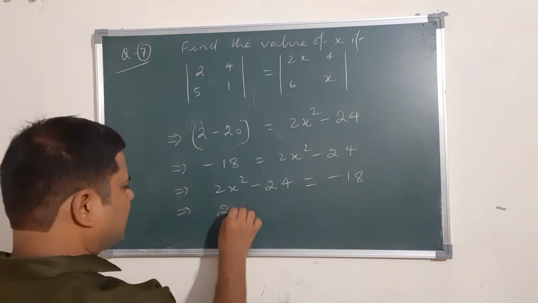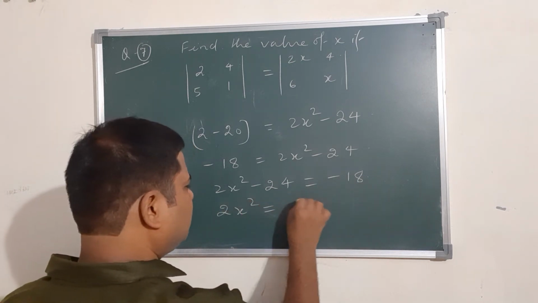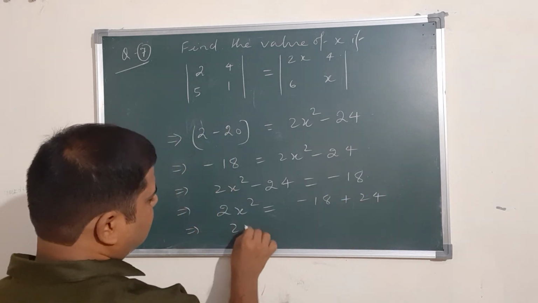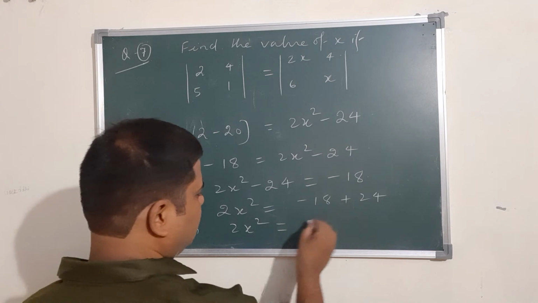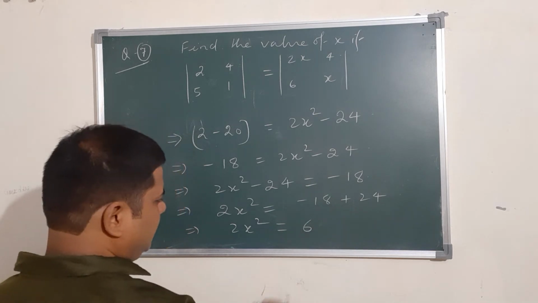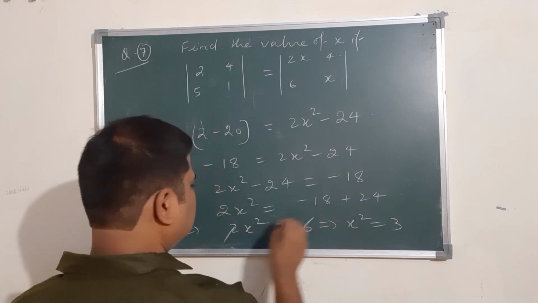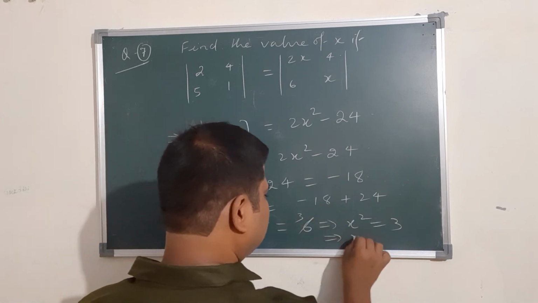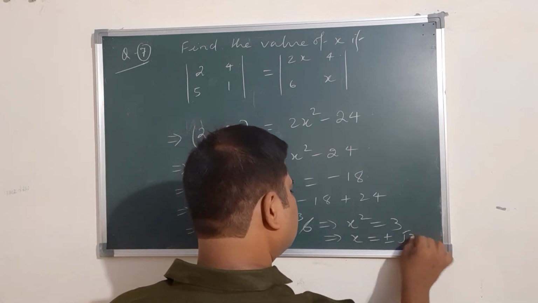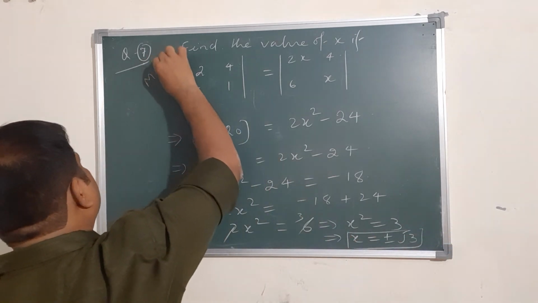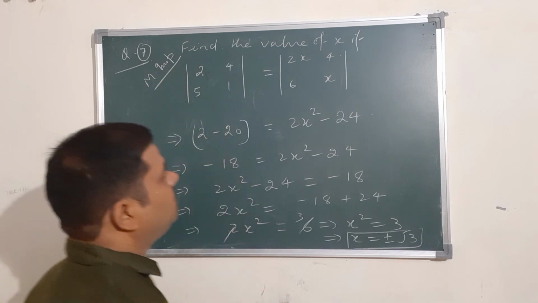So 2x square is equal to minus 18 plus 24. This is 24 minus 18, so 2x square is equal to 6. So x square is nothing but 3. Why? 2 3s are 6. So x is nothing but plus minus root 3. So this is a very important question. Okay, you have to solve these type of questions.